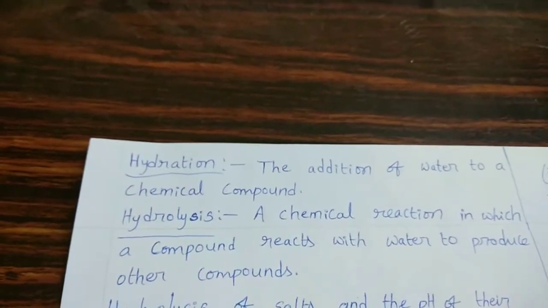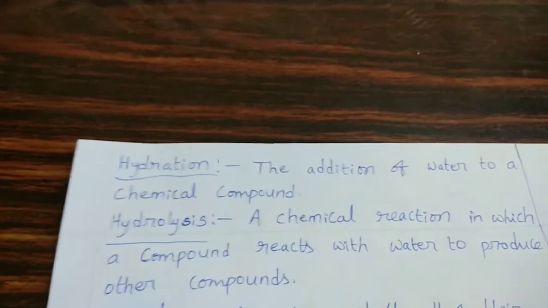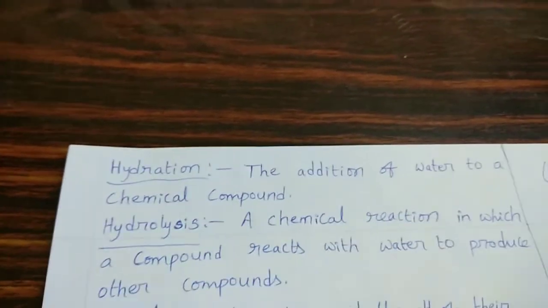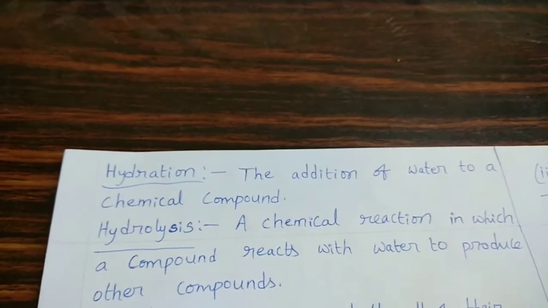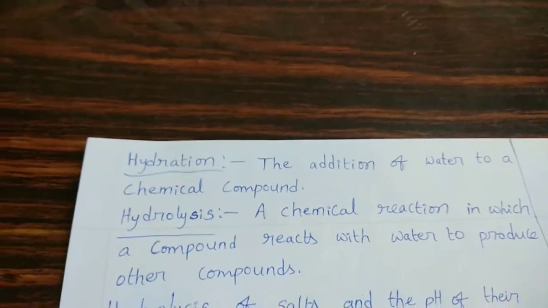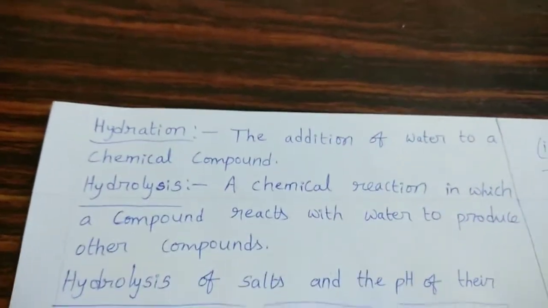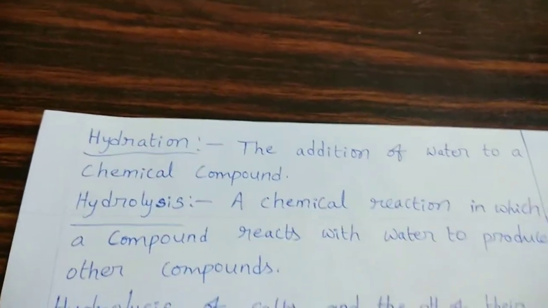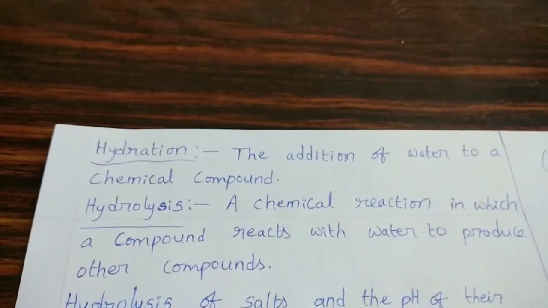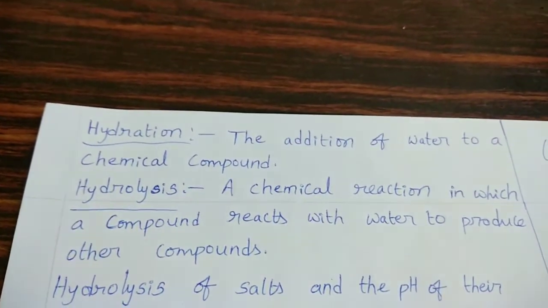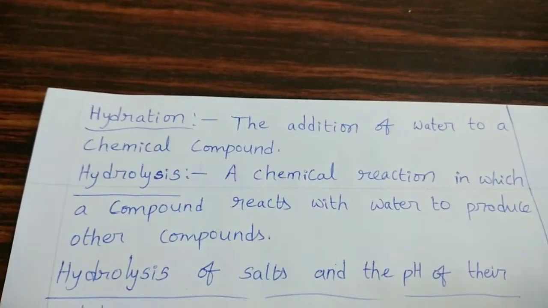See the definition of hydration. The addition of water to a chemical compound is called hydration. Simply some water molecules are added to a chemical substance, that is called hydration. In this, no new substance is formed, just water molecules are added to the given compound. In case of blue vitriol, CuSO4 5H2O, 5 water molecules are attached to 1 CuSO4 molecule.